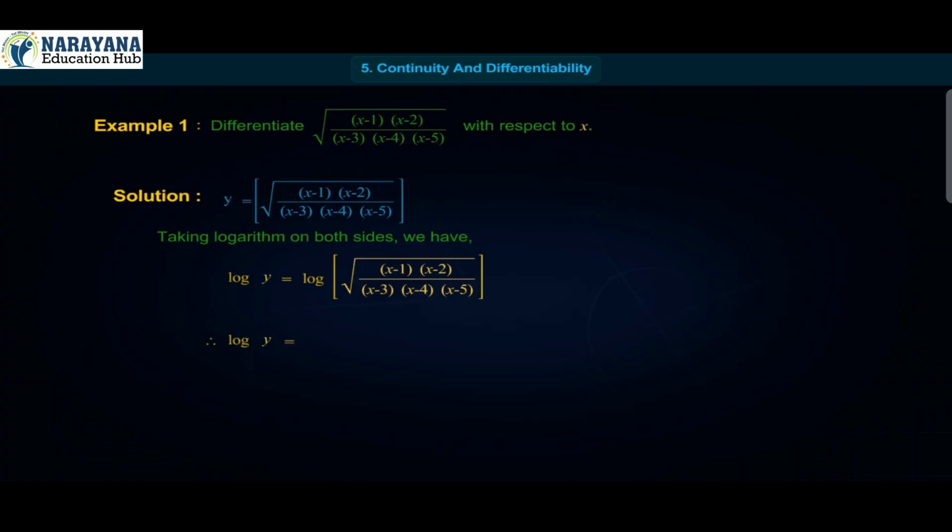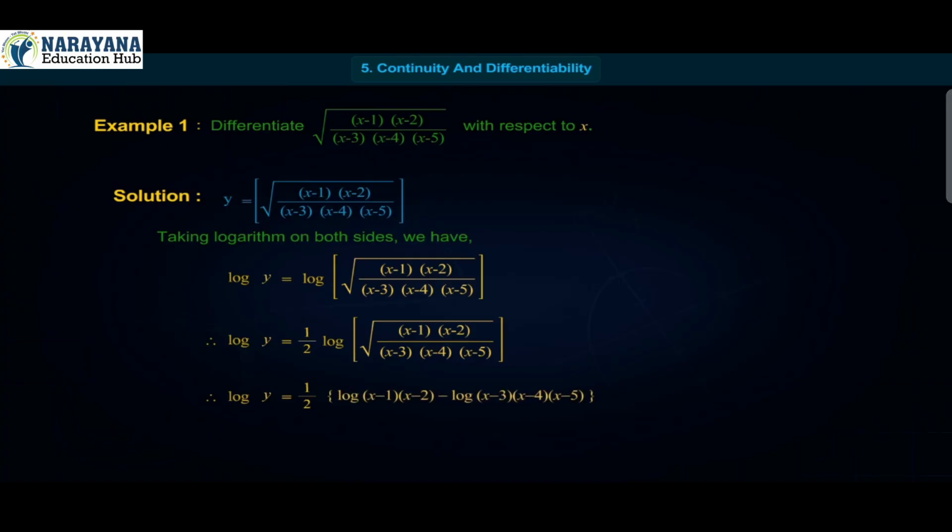Therefore, log y is equal to 1 upon 2 log of (x minus 1)(x minus 2) upon (x minus 3)(x minus 4)(x minus 5). Therefore, log y is equal to 1 upon 2 into [log (x minus 1)(x minus 2) minus log (x minus 3)(x minus 4)(x minus 5)].